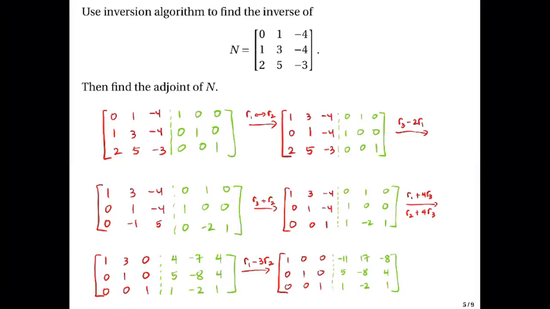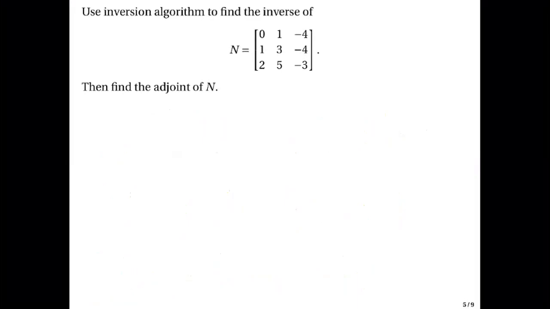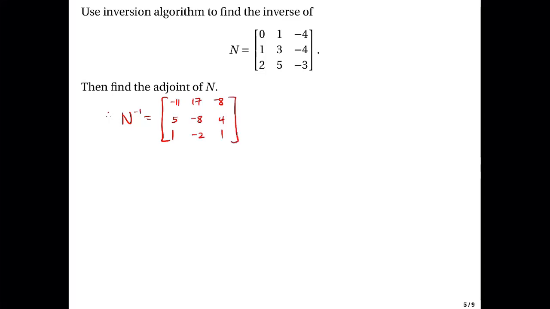So we have n inverse. Therefore, n inverse, this is the matrix negative 11, 17, negative 8, 5, negative 8, 4, 1, negative 2, 1. Okay?